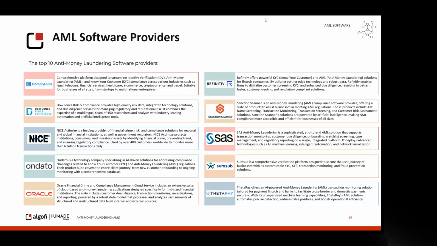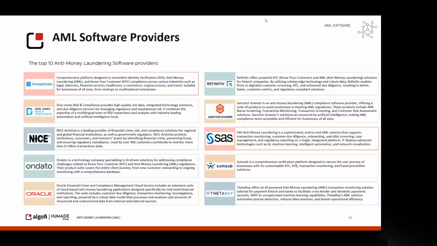And the top 10 anti-money laundering providers are ComplyCube, Dow Jones Risk and Compliance, NICE Actimize. NICE Actimize is actually the software that I used while working at BNP. So this is the anti-money laundering software that BNP uses.